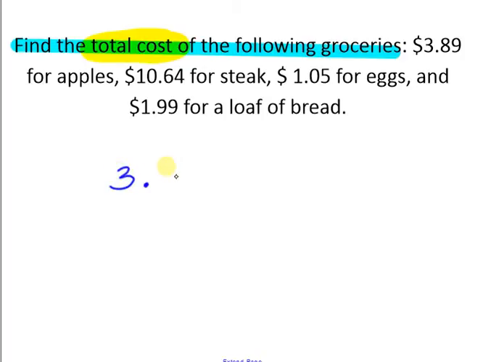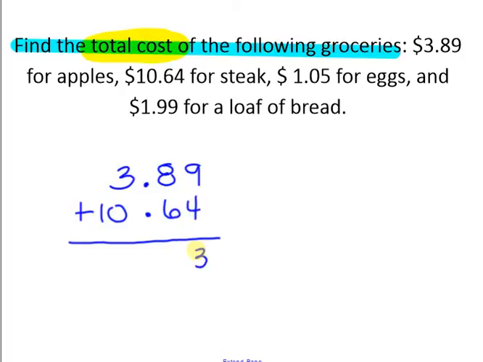So I'm going to do 3.89 plus 10, make sure my decimal point is lined up, plus 10.64. So 9 plus 4 is 13, carry the 1. 8 plus 6 is 14, plus 1 is 15.